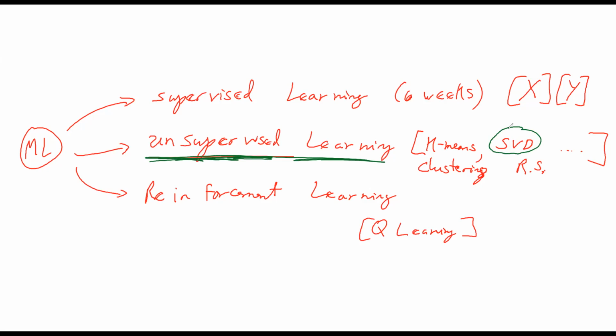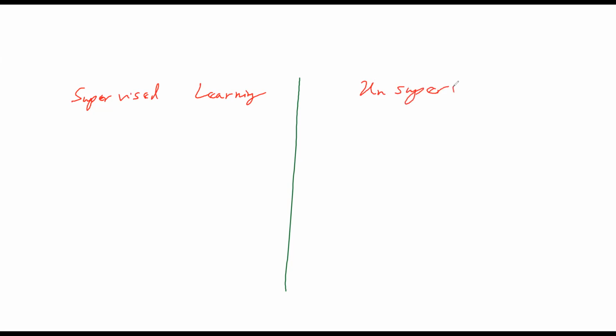Now, the contrast that I want to make between supervised learning and unsupervised learning is about the data. Let's go to another slide. Here I have supervised learning, and here I have unsupervised learning.